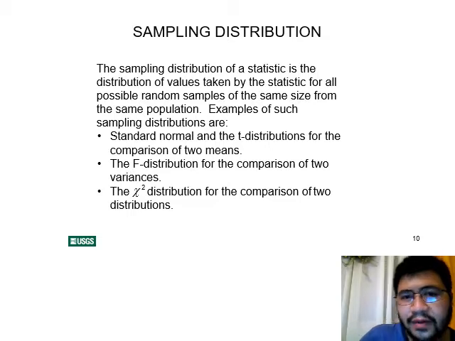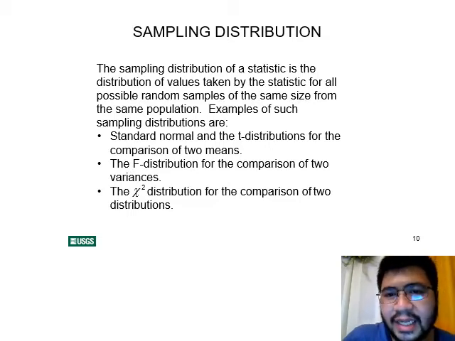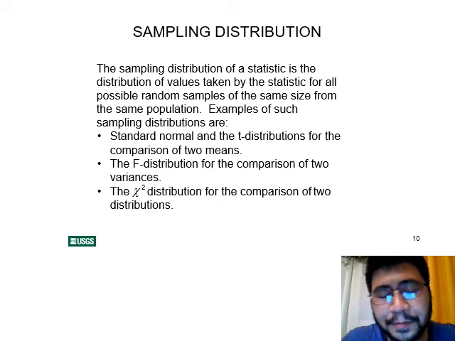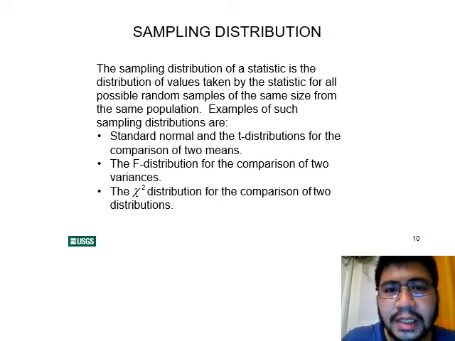For the comparison of variances, or basically the scatter of your data, we normally use the F distribution. We can also use the chi-squared distribution.